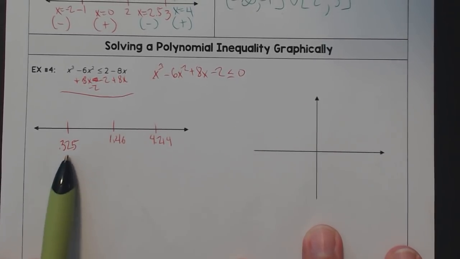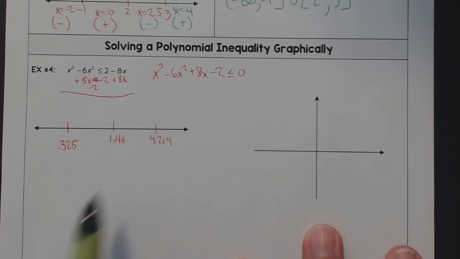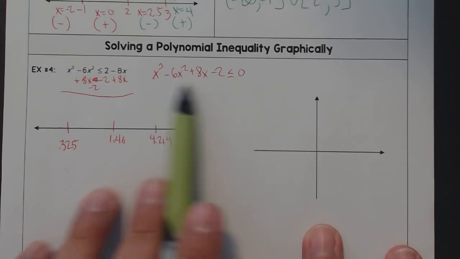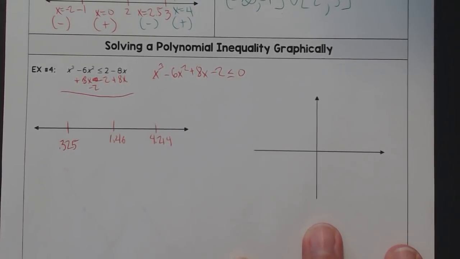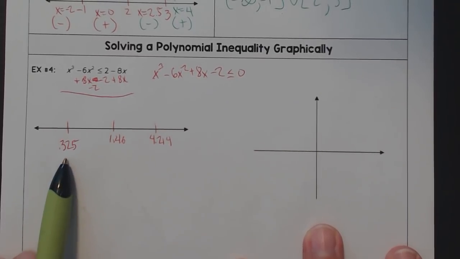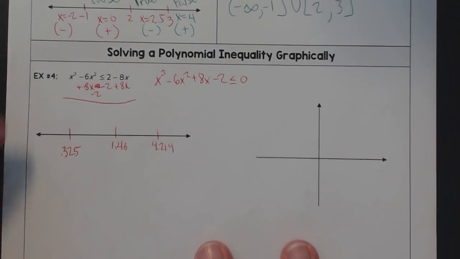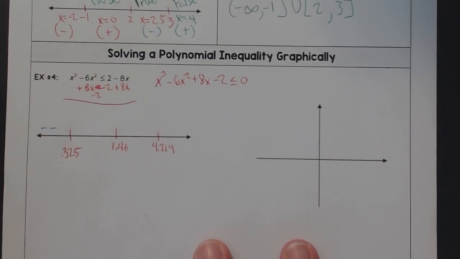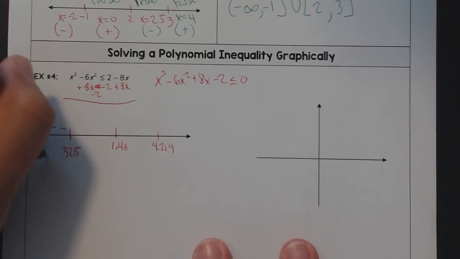So what I did was I picked a value in between these zeros and plugged it into the original function. Remember, we want values less than or equal to 0. I picked a value smaller than 0.325, plugged it in, and got a negative answer. So I say, okay, I got negatives here, this is a true statement.